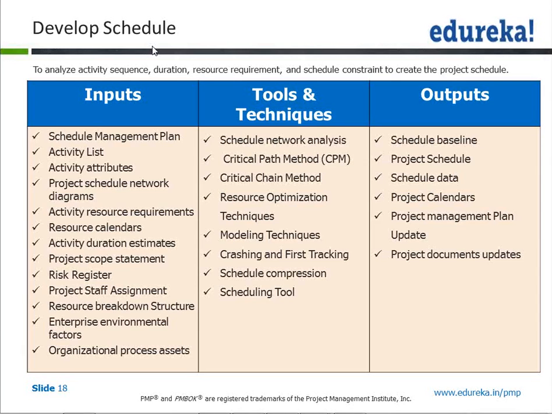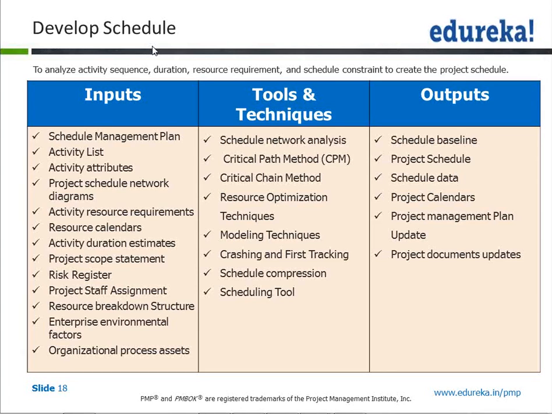Schedule management plan, activity list, activity attributes, project schedule network diagram, activity resource requirement, resource calendar, activity duration estimate, project scope statement, risk register, project staff assignment, RBS, EEF and OPA are your inputs.